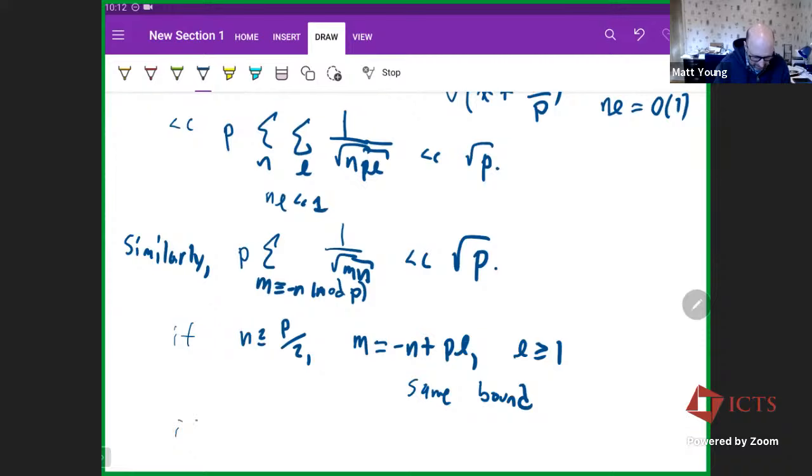On the other hand, if N is bigger than P over 2, then basically this is saying that M is also at most P over 2, because M times N basically goes up to P. So M will have to be very small. If N is bigger than P over 2, then M is basically big O of 1.